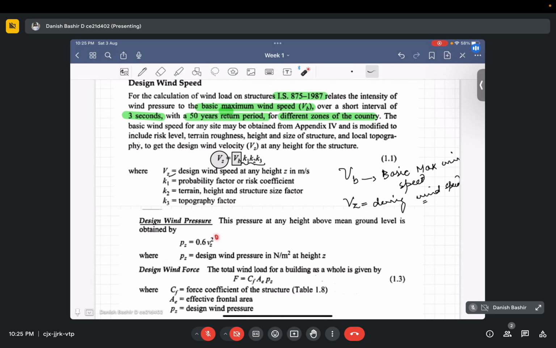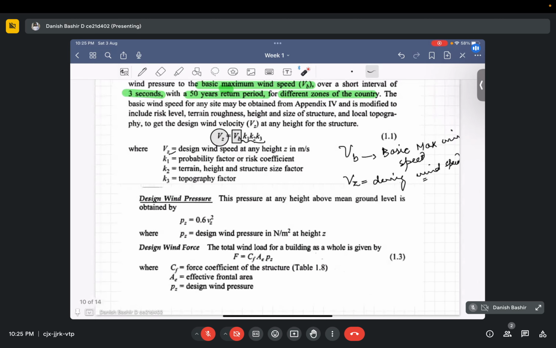Actually, you will see 0.6 has some units here, and V square also has some units. So always remember that if the velocity is in meters per second, the design wind pressure is in Newton per meter square. So it is an empirical formula like this.